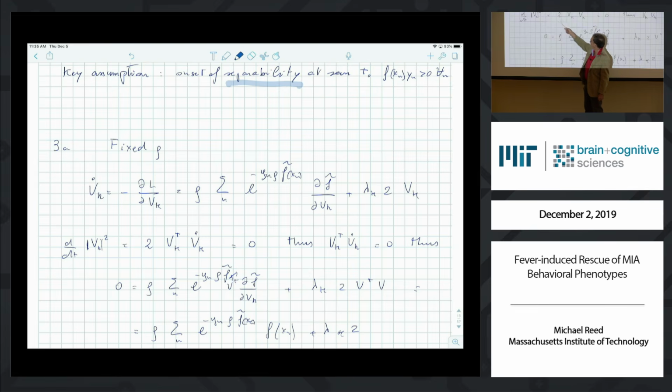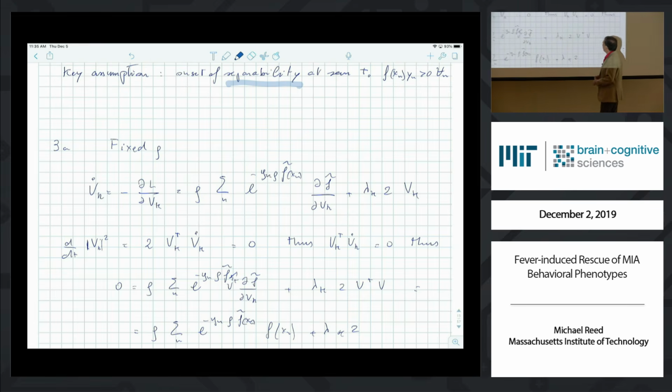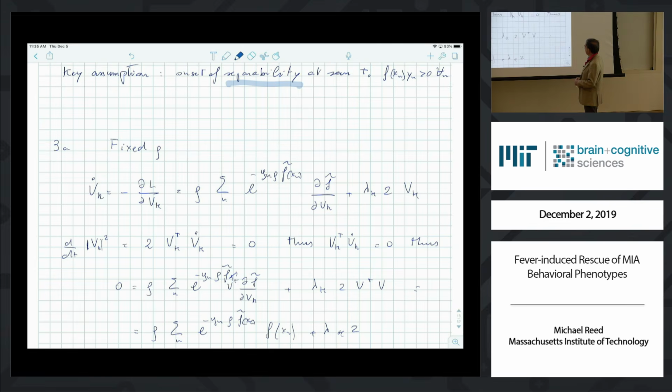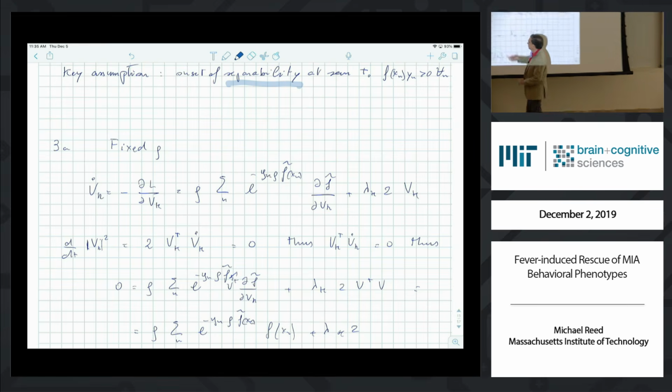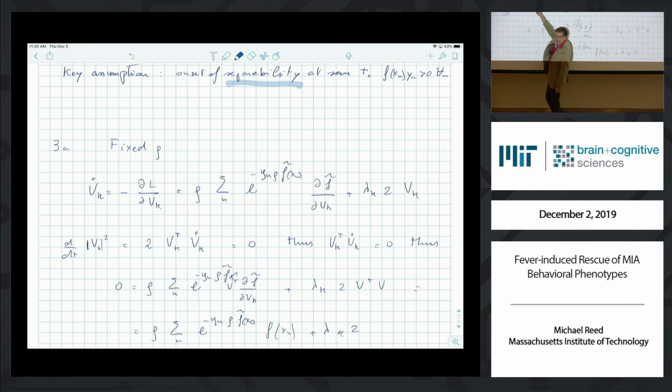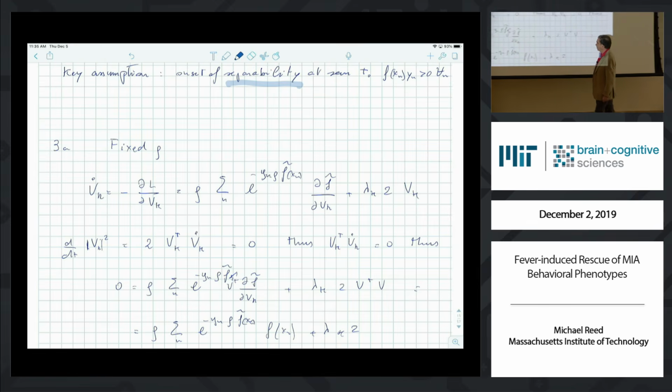Taking the derivative, I multiply on the left the time derivative of V_k by V_k transpose, and I can then put it to 0.